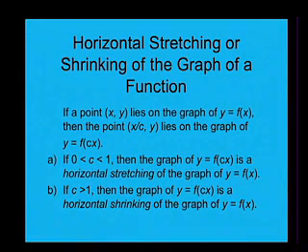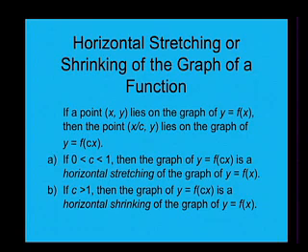Horizontal stretching or shrinking of the graph of a function. If a point (x, y) lies on the graph of y equals f of x, then the point (x divided by c, y) lies on the graph of y equals f of cx.